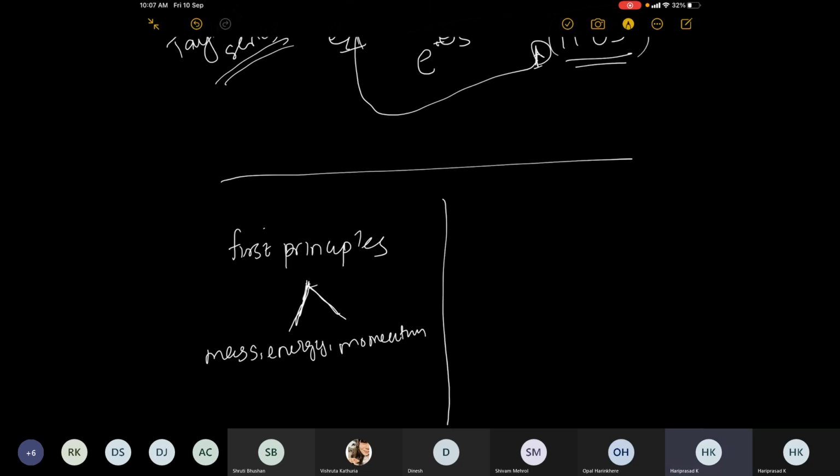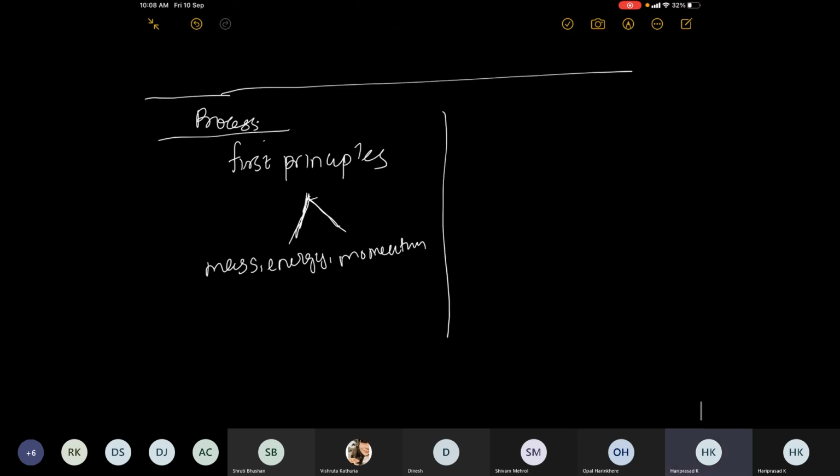So for any process, you have mass, energy, and momentum balance.